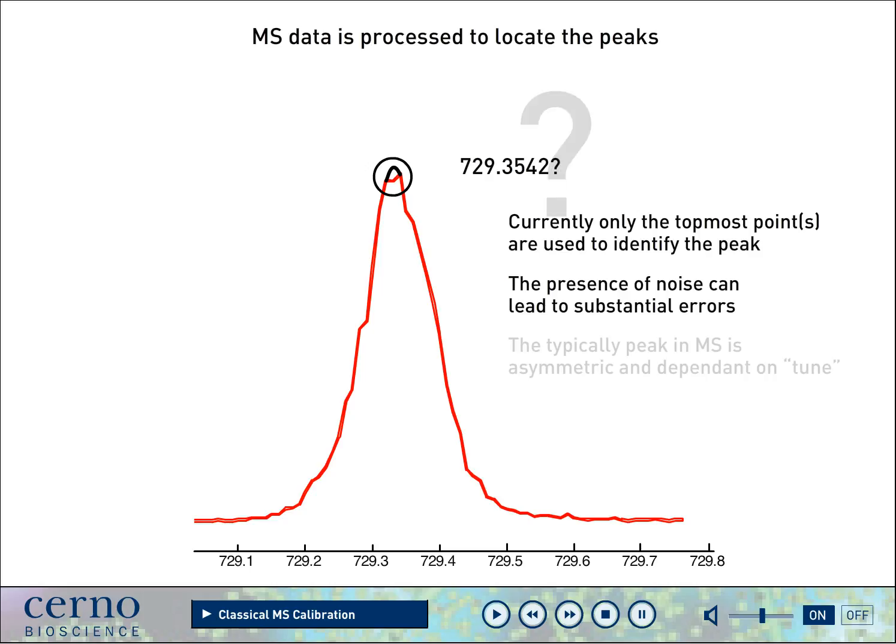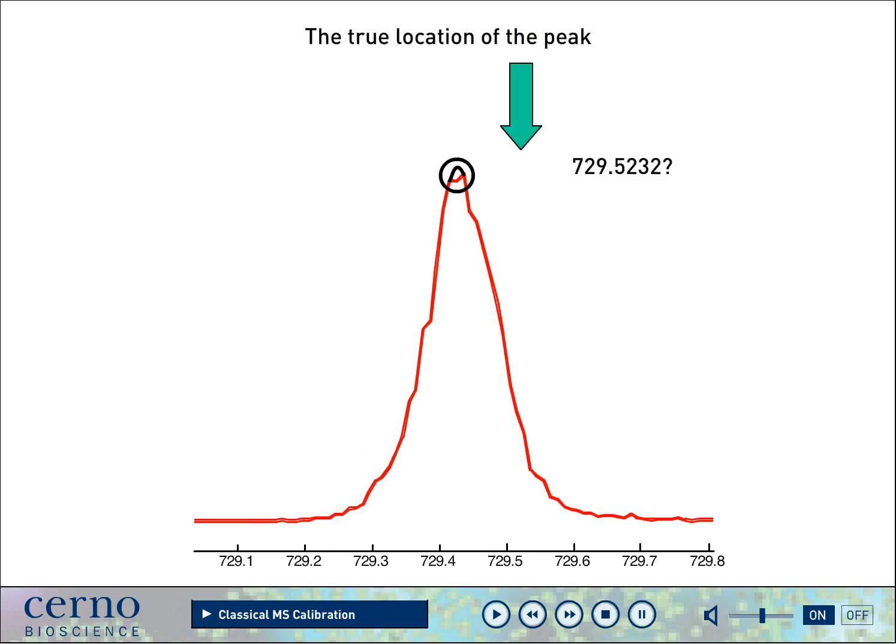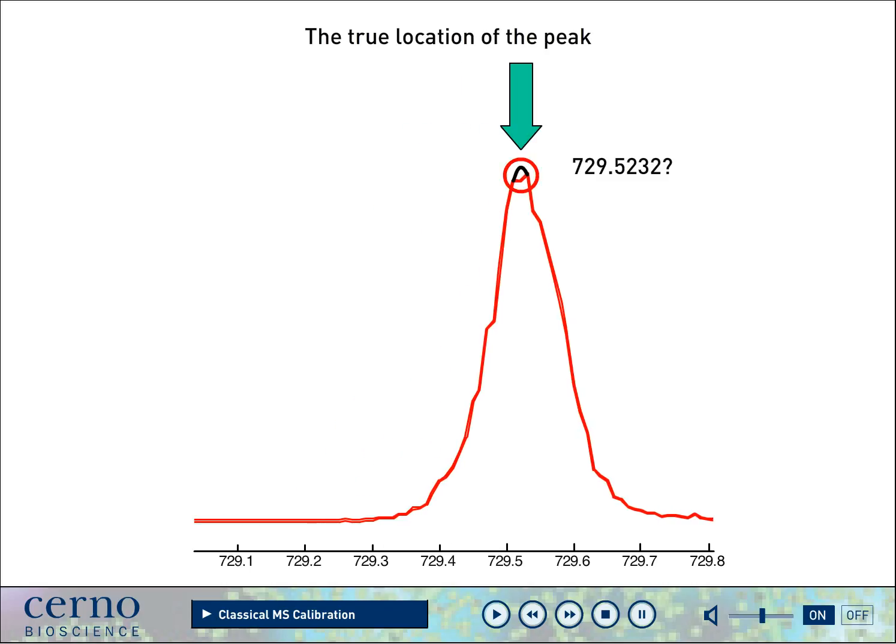Another complication arises from the fact that mass spec data peaks are usually quite asymmetric and dependent upon the instrument tune. Note here, in this example, the substantial lack of peak symmetry. This makes consistent determination of the true peak position difficult when using the traditional approaches, particularly if only a few data points over the top of the peak are used for peak location.